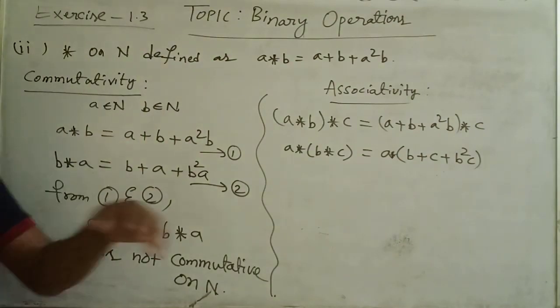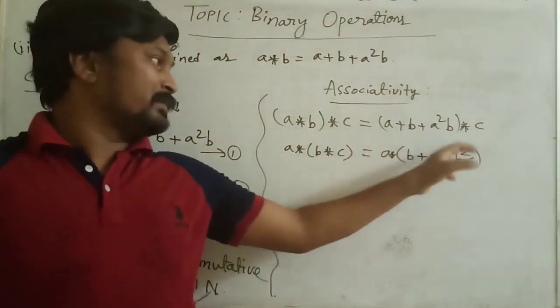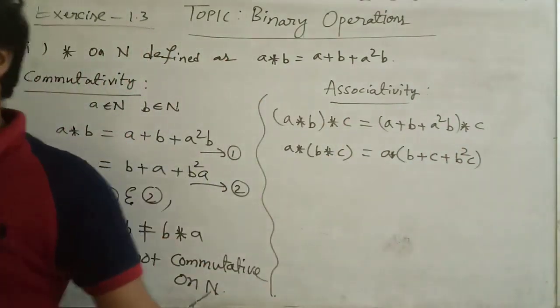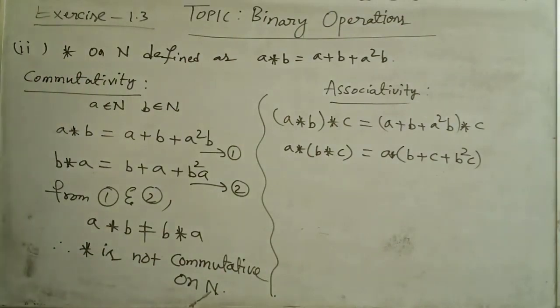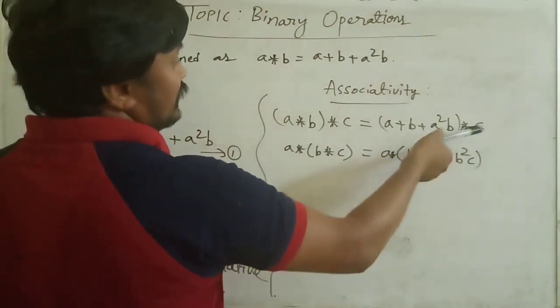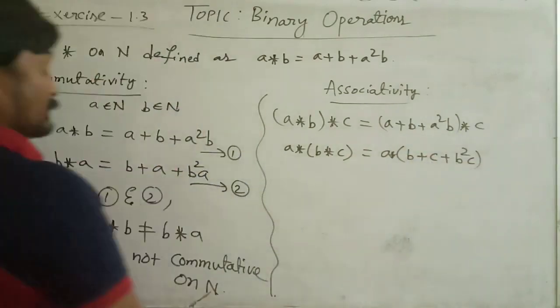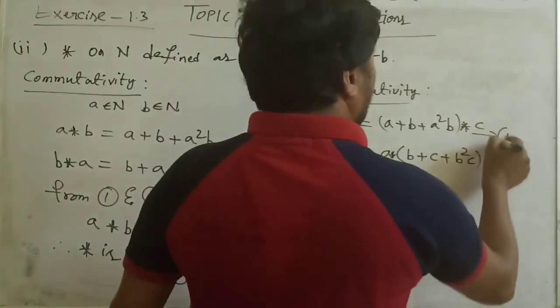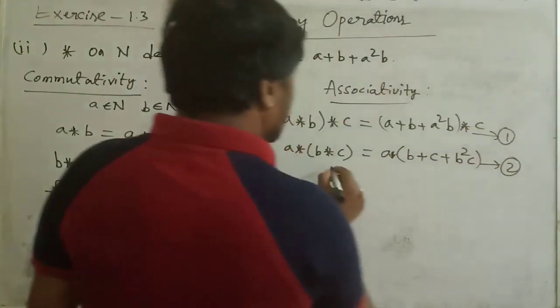The reason behind that is, here you are finding A square B, here you are finding B square C. When you multiply also, you could not get at any cost this answer, because here with B square C you may get A B square C, and here you may get A square B C, so these both are not at all equal. So now we can write equation 1, equation 2.